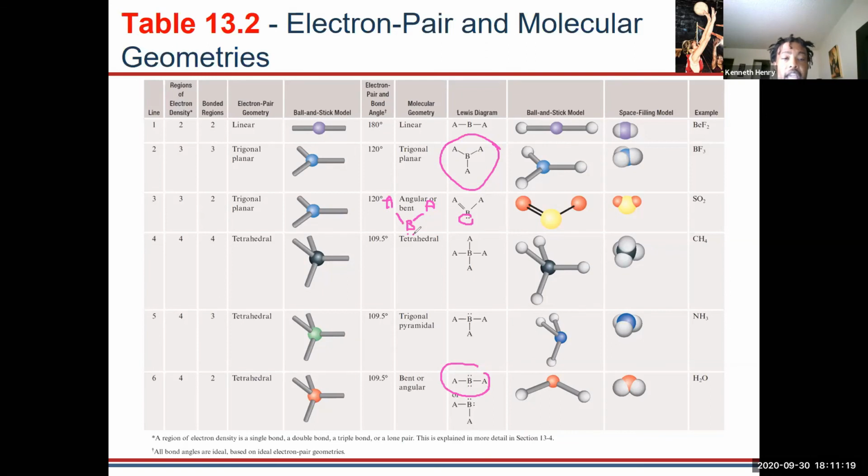The angle would change because in this case, these guys are still going to be pushing down a little bit, but it's not going to be much. So really, this guy's going to be really close to 120 in terms of the gap, right?